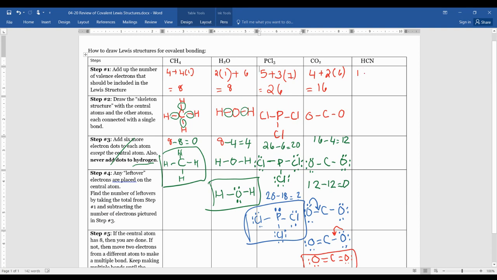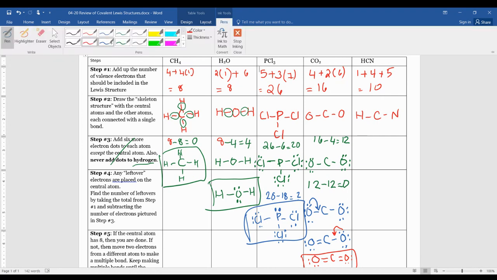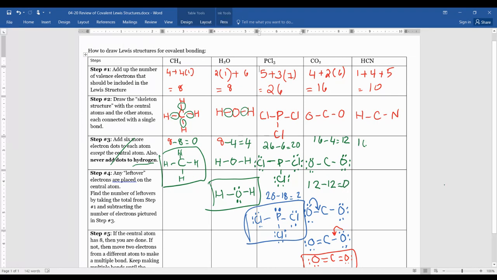Okay, last one. I have 1 hydrogen, 1 carbon, and 1 nitrogen. So that's a 10. HCN. So I do 10 minus 4, which is 6.